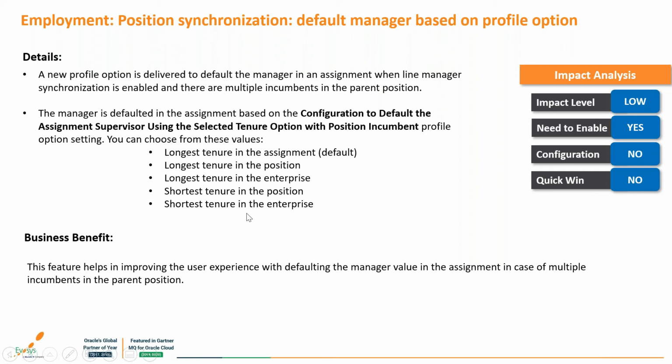Based on this option, the default is the longest tenure in the assignment. If an employee is on an assignment and has been there the longest, they will show on the job. And if we want, we can select other options like longest tenure in the position, longest tenure in the enterprise, shortest tenure in the position, shortest tenure in the enterprise. Based on these, we can choose the options.